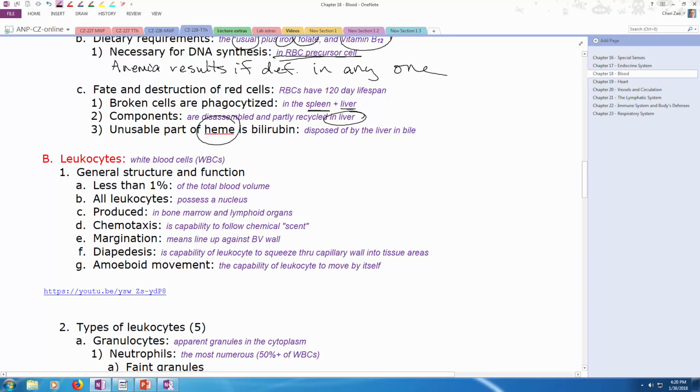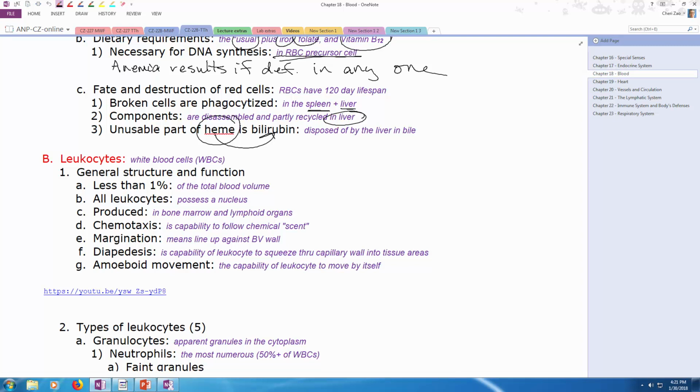And so there's a part of heme we can't recycle, and we put that part that we cannot recycle into our bile and excrete it in the form of bilirubin. So heme becomes bilirubin, and that is what is in our bile, and that's part of what gives our bile its color. So this is all done by the liver, the formation of bilirubin from heme.